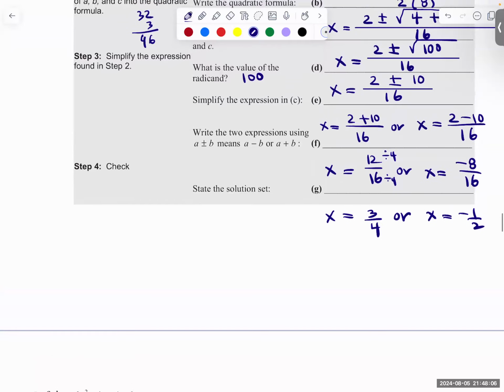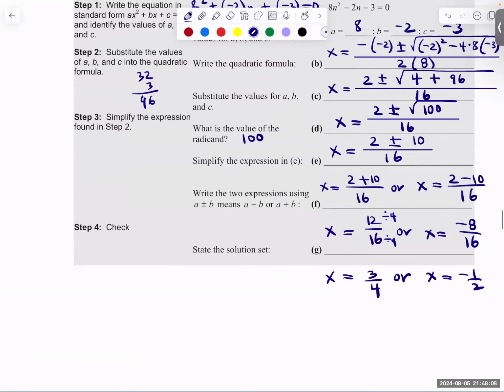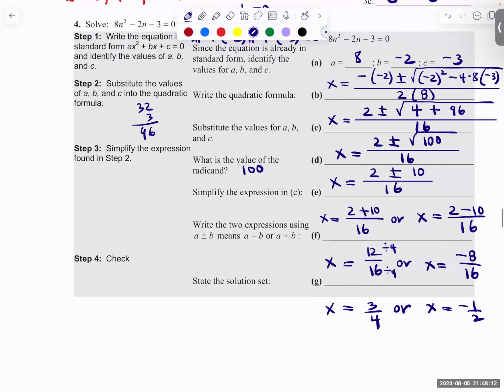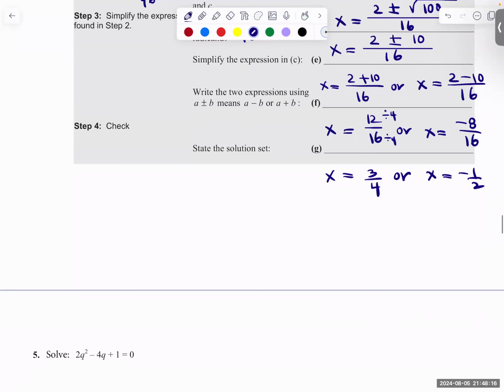Now it would be time consuming to substitute each solution and check, but what we can do is check the sum of the roots and verify that if you add the roots together, the sum is negative b divided by a.